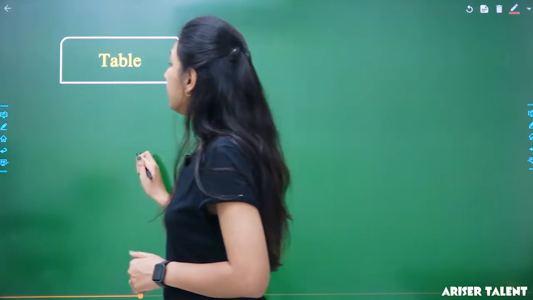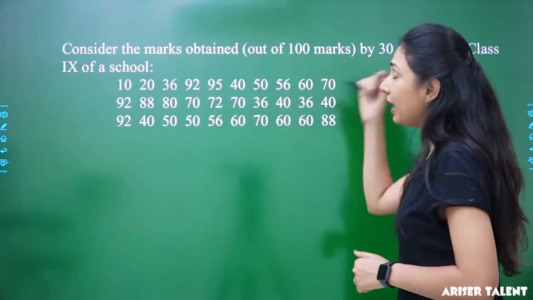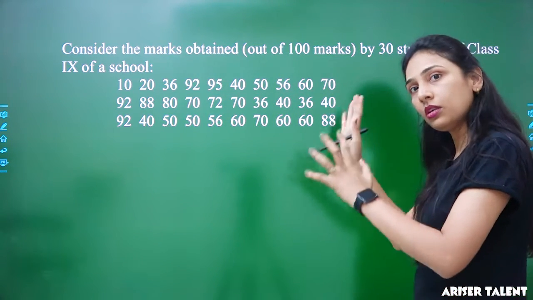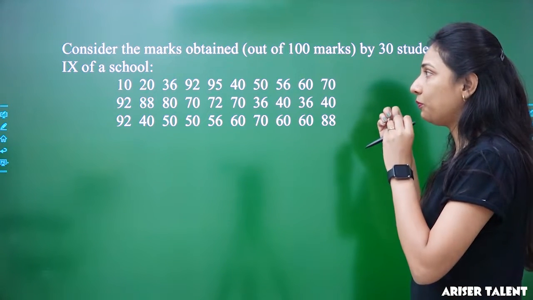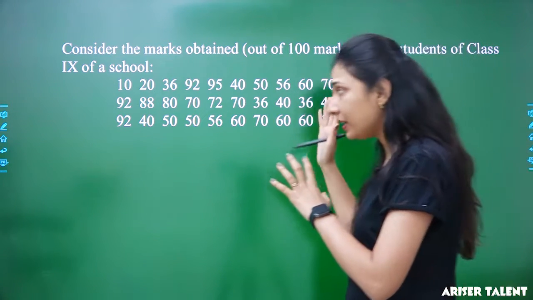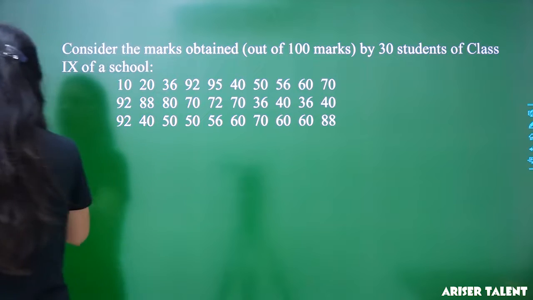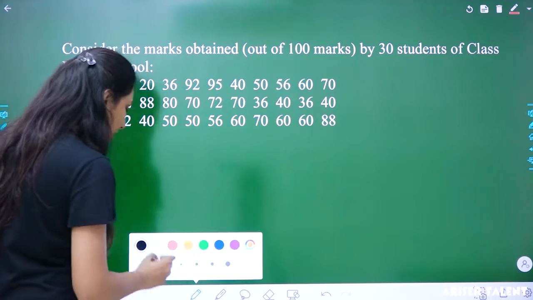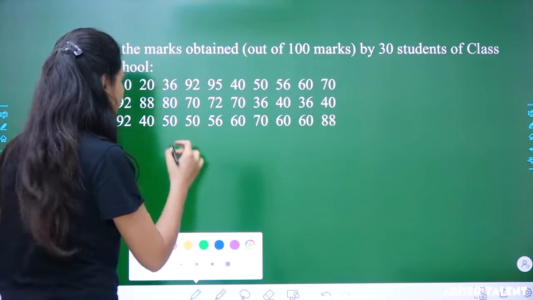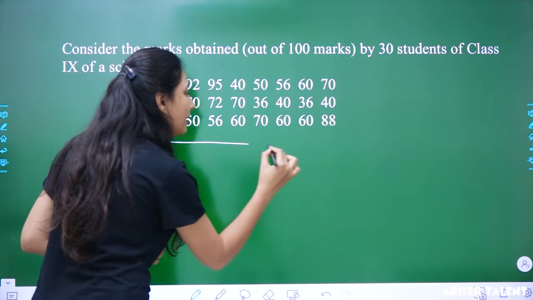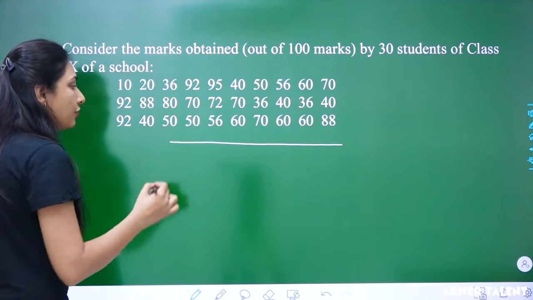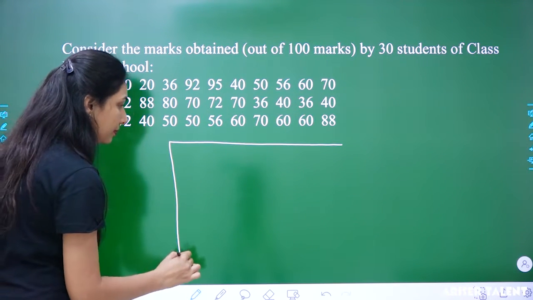Now going back to it. So that was the fully prepared table. Now we are going to make it on our own. We are going to make the table here. This is going to be our table.